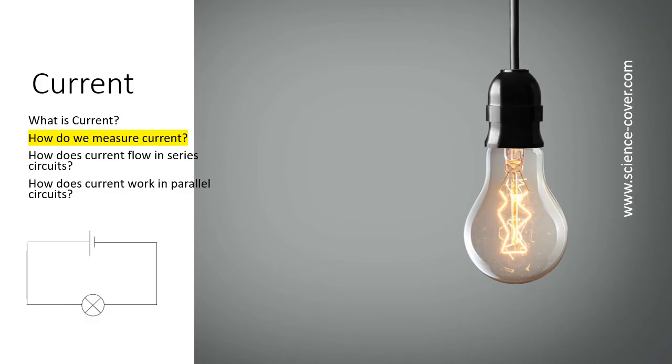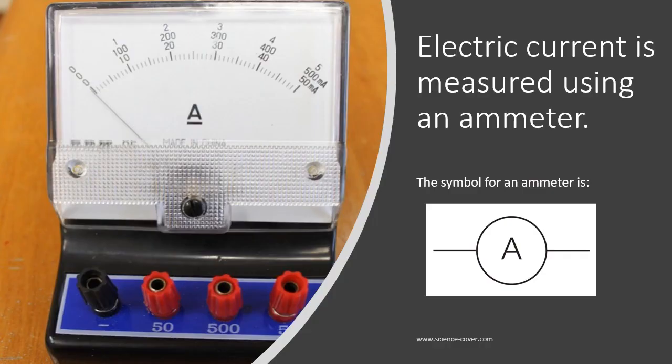Next, let's look at how we measure an electric current. Electric current is measured using a device called an ammeter, and you can see a picture of an analog ammeter on the left-hand side of this slide.